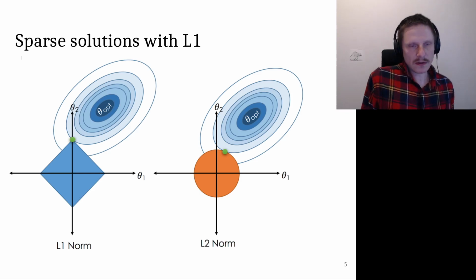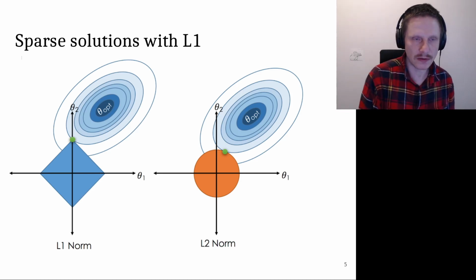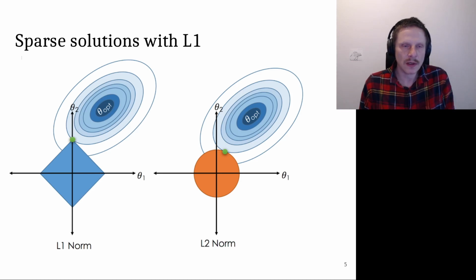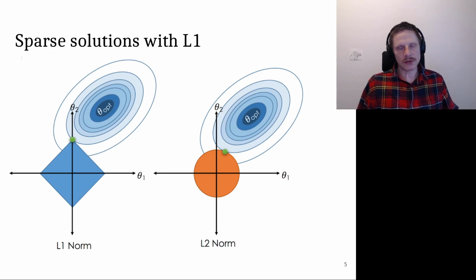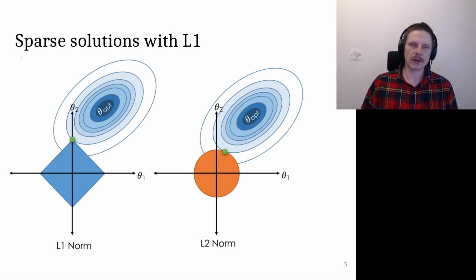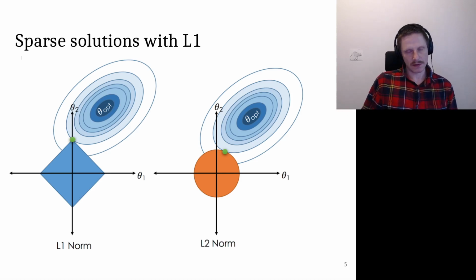So in this particular case, θ1 is 0, θ2 has some other value. And this is in general also going to happen in multidimensional weight space. So when we have not just two, but many more dimensions, because of the shape of this region of unit norm, it will be the case that many of the weights will tend to be 0 for L1 norm.